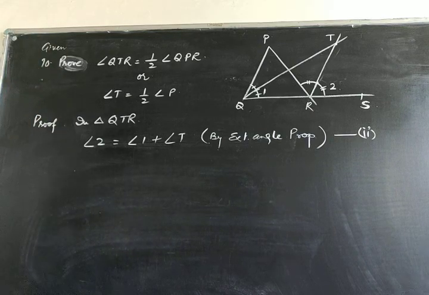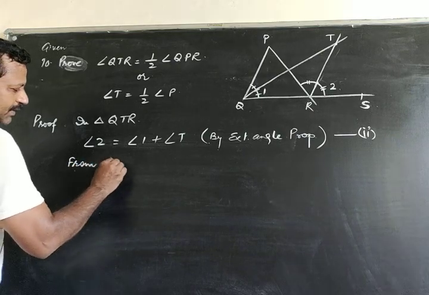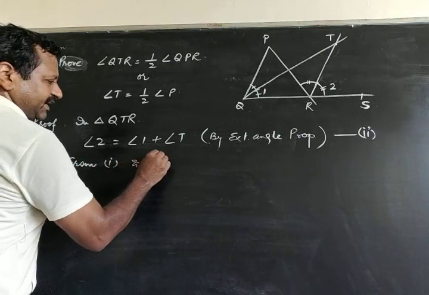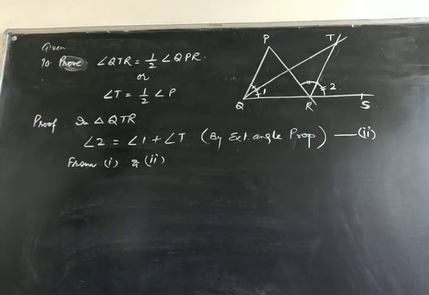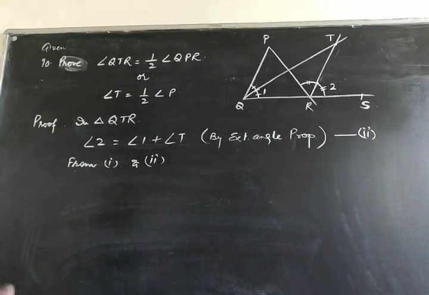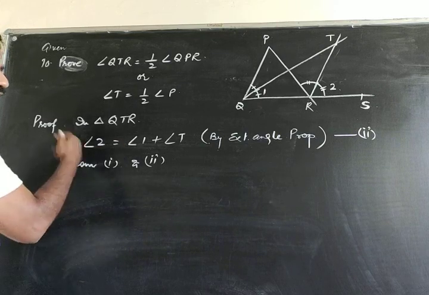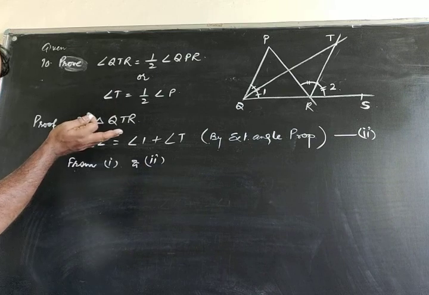So from first and second, we can conclude angle 2 is also equal to this and angle 2 is also equal to the one given in first part. तो हम राइट हैंड साइड को इक्वल लिख सकते हैं.